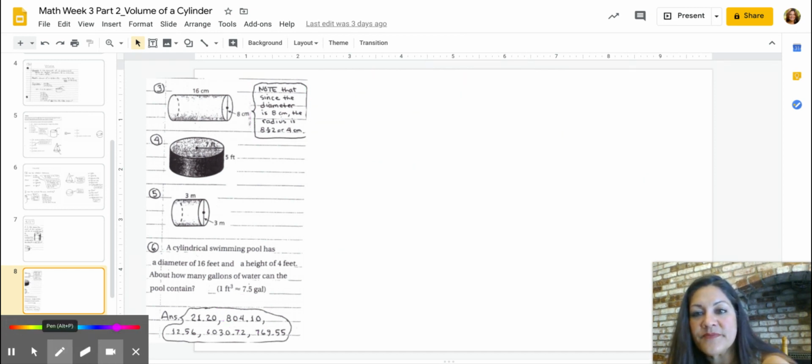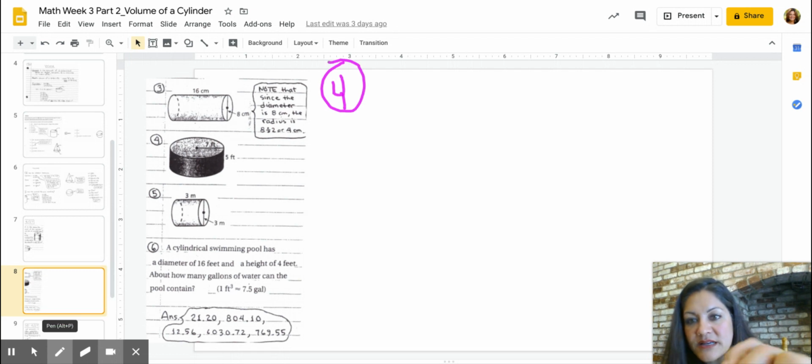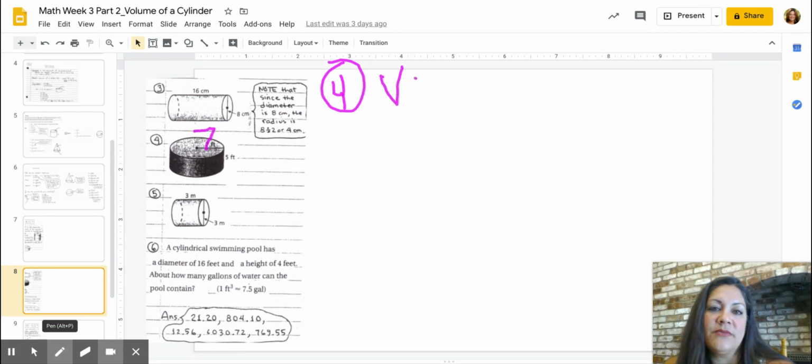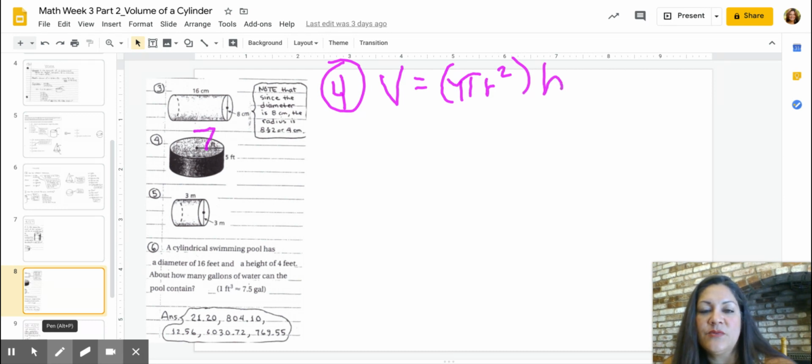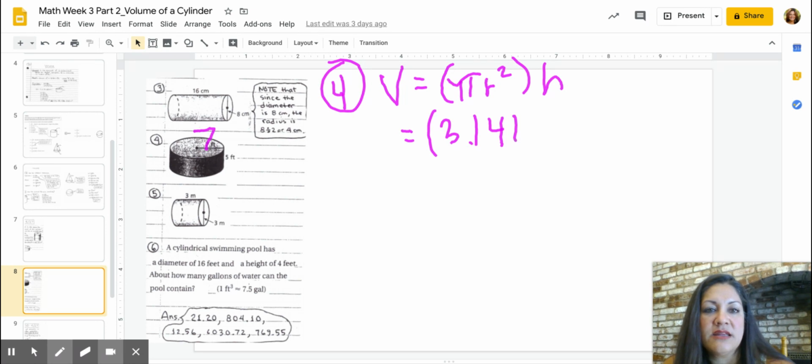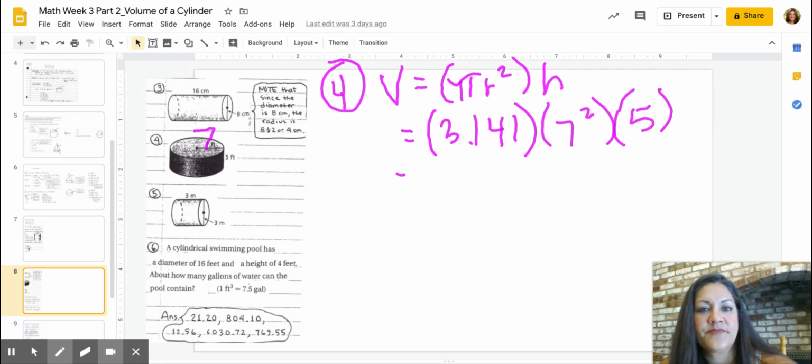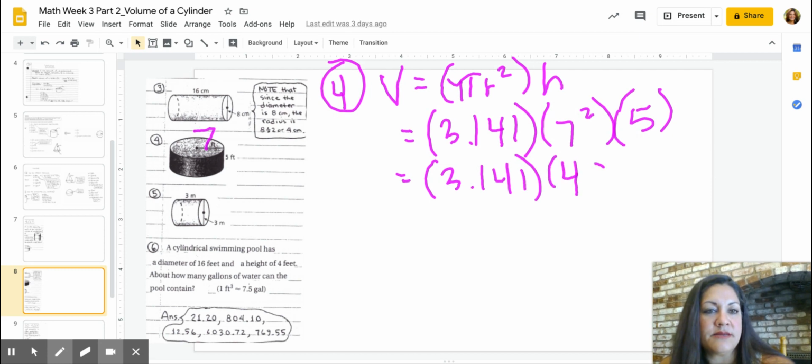Number 4. Kind of dark on my screen, but the radius is 7. Volume equals base, which is pi r squared, times height. We'll plug in our values. 3.141 times r squared times height. Times 49 times 5.